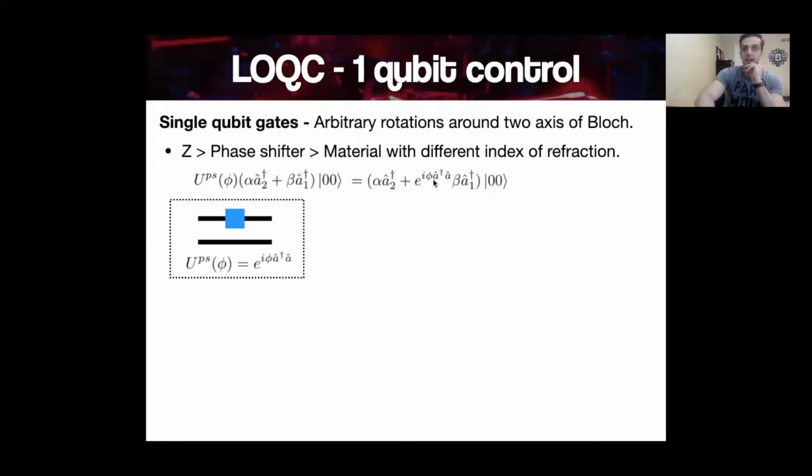The action of a creation and annihilation operator is the number operator, and so there's just going to be 1. But we're going to pull out half of the phase here. So this would have been e to the i phi, but we're going to pull half of that out, so e to the i phi over 2. So we're left with half of that phase here and a negative of that here.